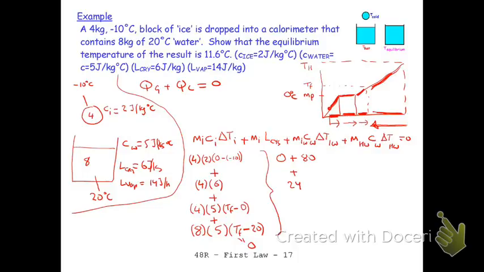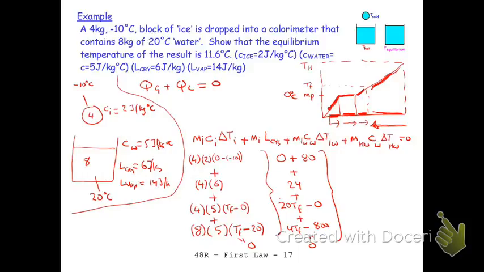Added to 20 TF minus nothing, because 20 times nothing is nothing, added to 40 TF minus 40 times 20 is 800 equals 0.